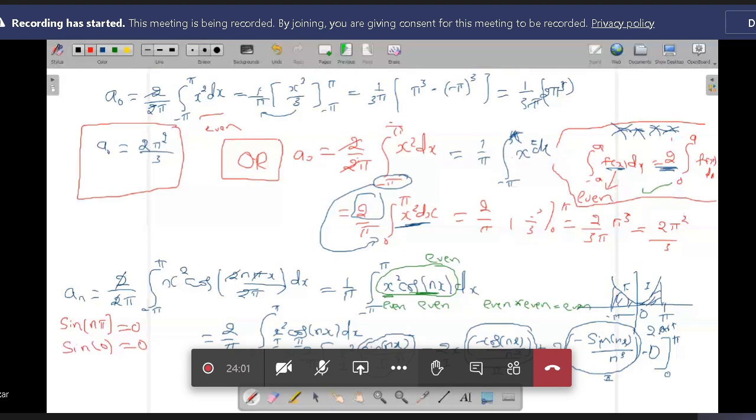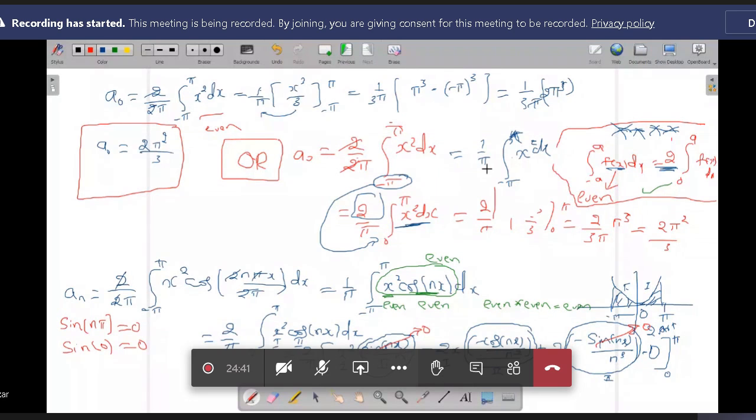So for both, sin n pi is 0 and sin 0 is 0, so the sin terms are obviously 0. Again the last one also has sin n pi is 0 and sin 0 is 0. So the first term and the last term will be 0, whereas only the second term remains. That means minus into minus plus 2x by n square cos nx is the only term that remains, and the last terms will be 0.